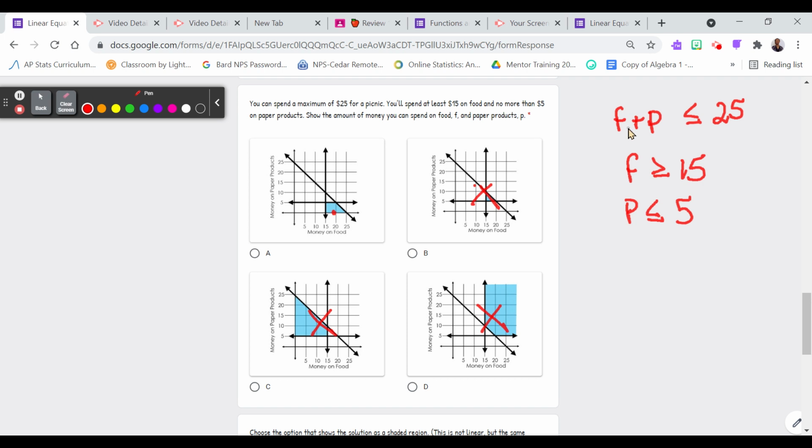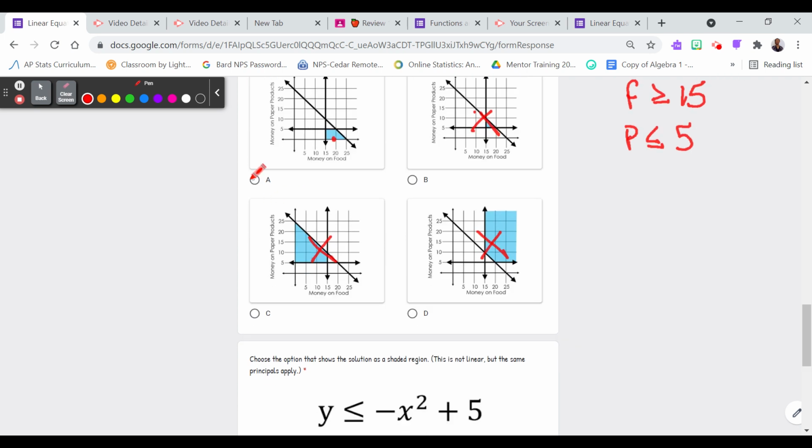You're going to spend no more than 25, so the most you can spend on food is 25, the most you can spend on paper products is 25. Although when you consider the other conditions, we're really in this little region right here. So our answer here is an A.